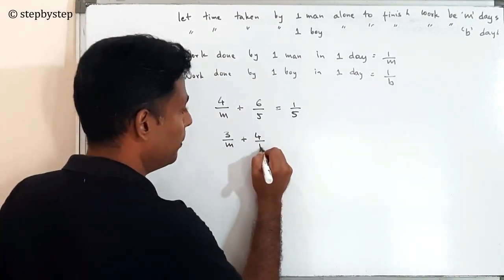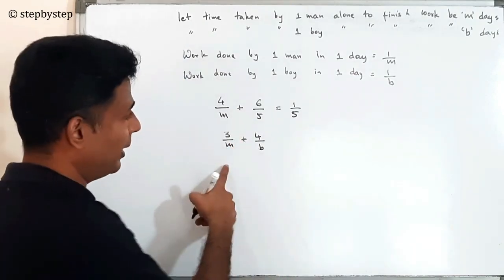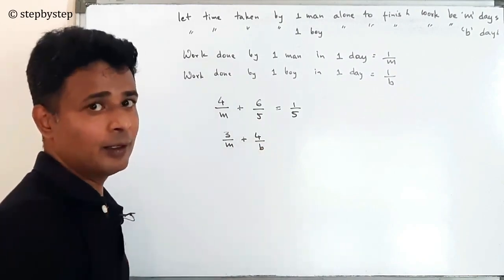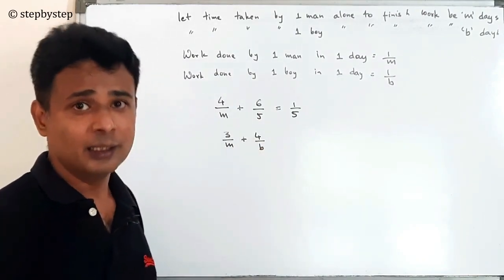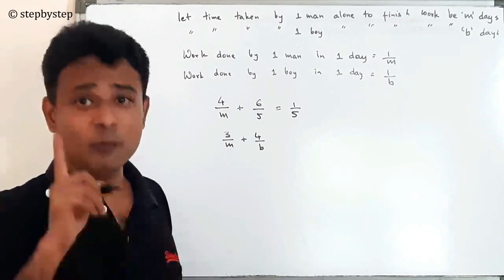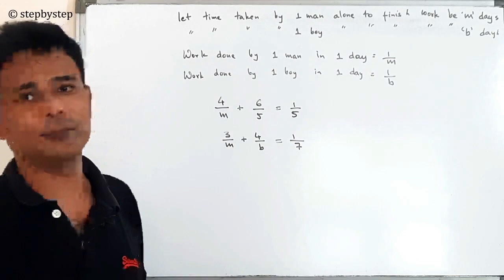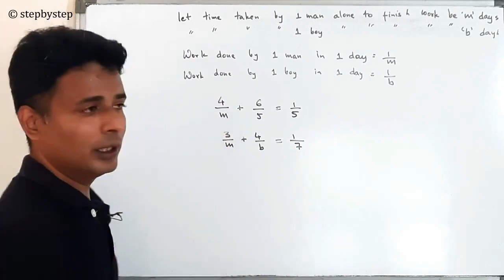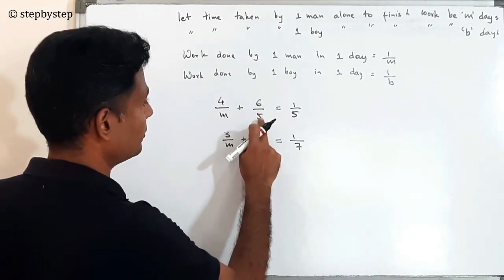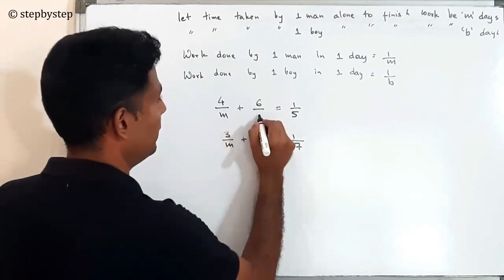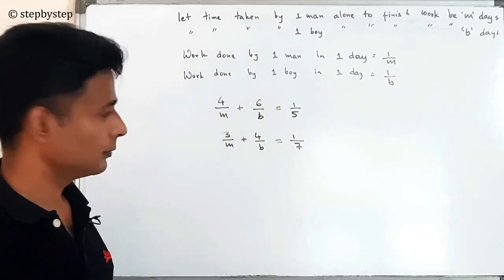So 4 by b. So total in one day, 3 men and 4 boys will do this much work. How much time are they taking? 7 days. If they are taking 7 days to do the work, in one day how much work do they do? 1 by 7. So we have the two equations, right? Okay, 6 by b, sorry, this is, right?